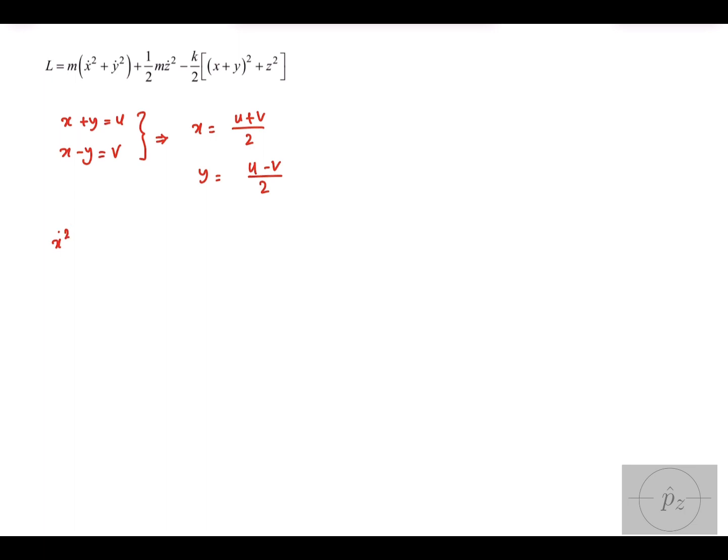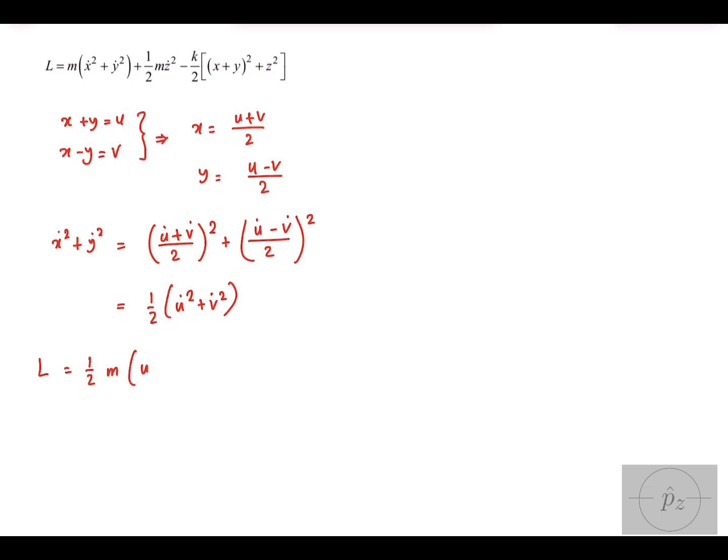So x dot squared plus y dot squared now becomes (u dot plus v dot divided by 2) whole squared plus (u dot minus v dot divided by 2) whole squared, and this is equal to half (u dot squared plus v dot squared). So the Lagrangian now becomes half m (u dot squared plus v dot squared plus z dot squared) minus k by 2 (u squared plus z squared).